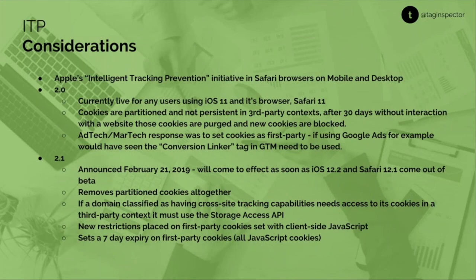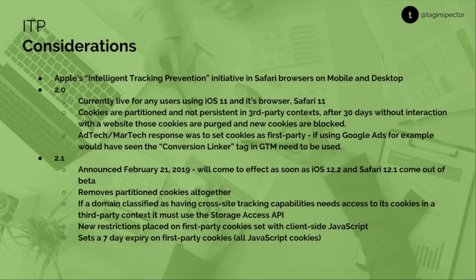In response, Apple recently, at the end of February, announced some additional restrictions. And now even first-party cookies, any cookie that's set via JavaScript running, so via any tags that are loading on your website, the expiry is going to be limited to 7 days. And third-party cookies are basically purged almost immediately after 24 hours.